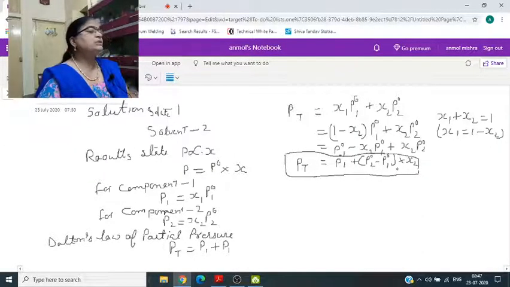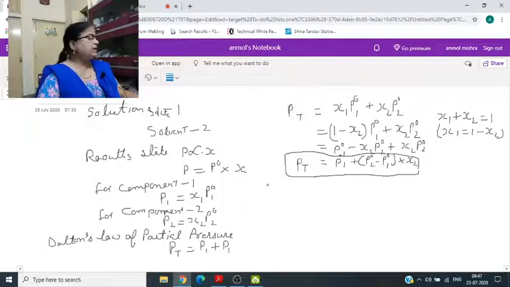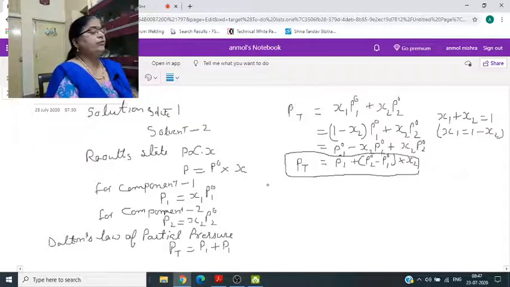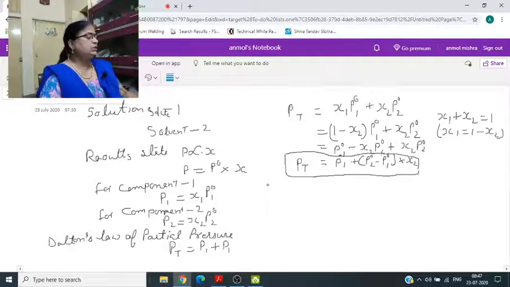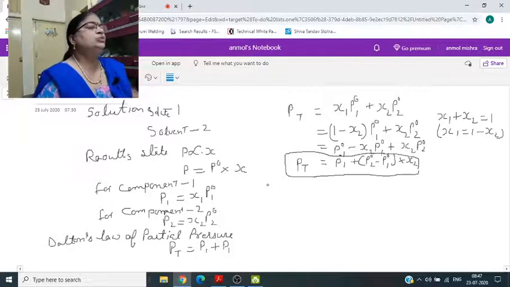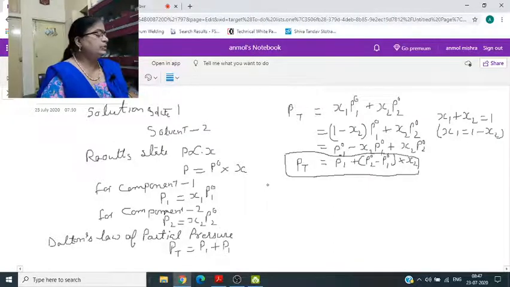Now, from this equation we can conclude the following results. Number 1, the total vapor pressure over the solution can be related to the mole fraction of any one of the components.